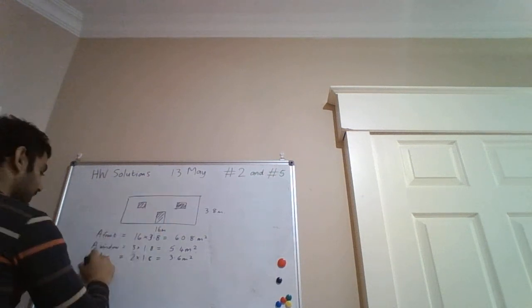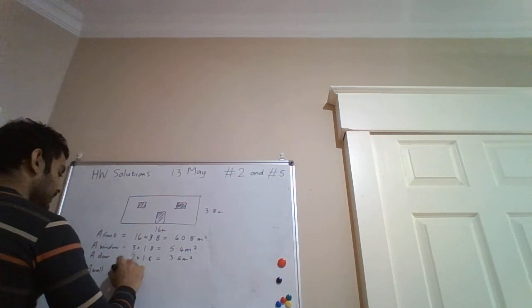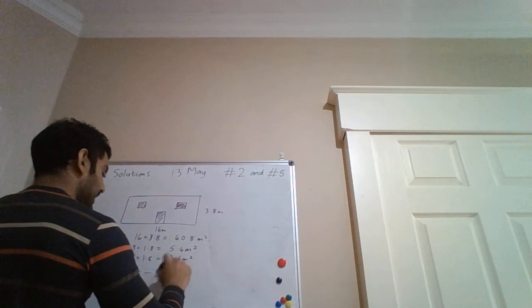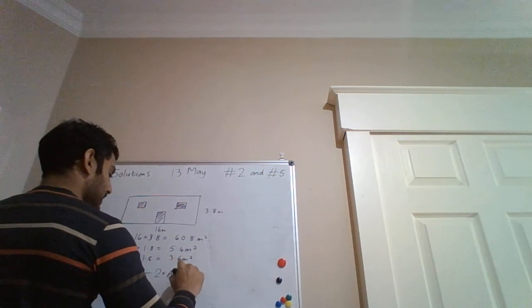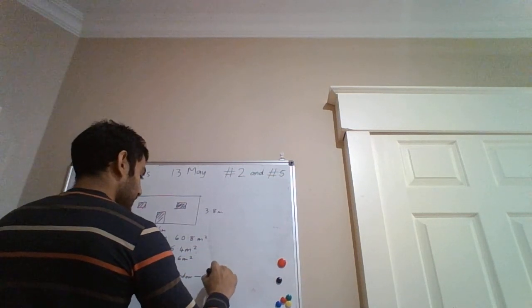So the area of the wall is the area of the front, subtract the area of the door, subtract the area of the 2 windows. Area of wall equals area of front minus 2 times the area of a window, because there are 2 windows, minus the area of the door.